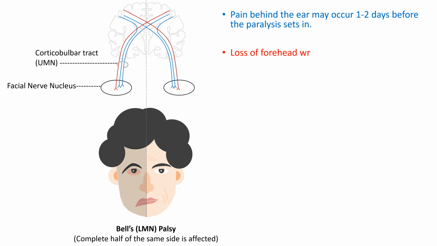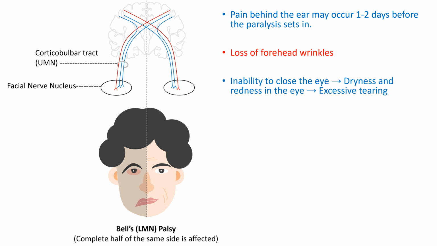Loss of forehead wrinkles occurs due to paralyzed frontalis muscle. Paralysis of orbicularis oculi leads to inability to close the eye, causing dryness and redness in the eye, leading to excessive tearing. The corner of mouth droops with drooling, that is, uncontrolled flow of saliva from the corner of mouth due to affected orbicularis oris muscle.